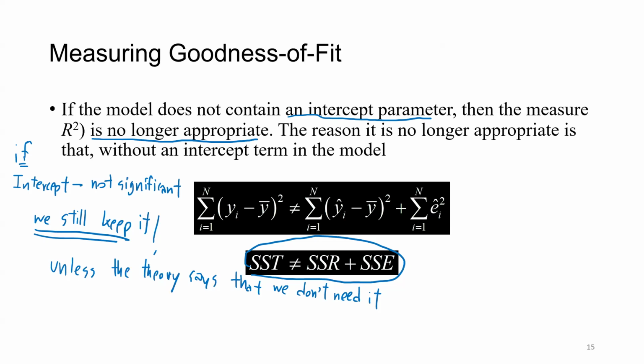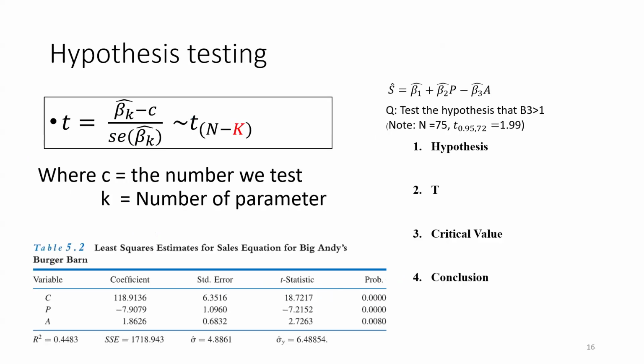But in a typical situation, we always keep the intercept, no matter whether it's significant or not significant. So R squared is the same, confidence interval is the same, and hypothesis testing is the same.